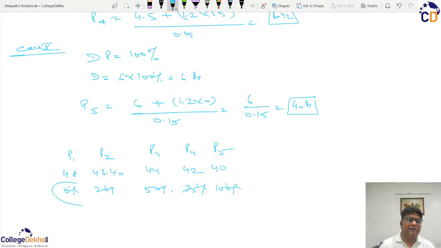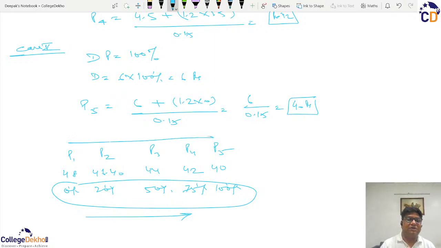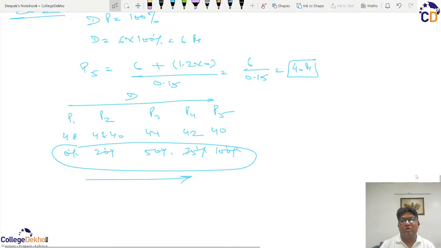So as the dividend is increasing, the market price is decreasing, as was the case in Gordon model, because R is more than the cost of equity. R was 18% and K was 15%.